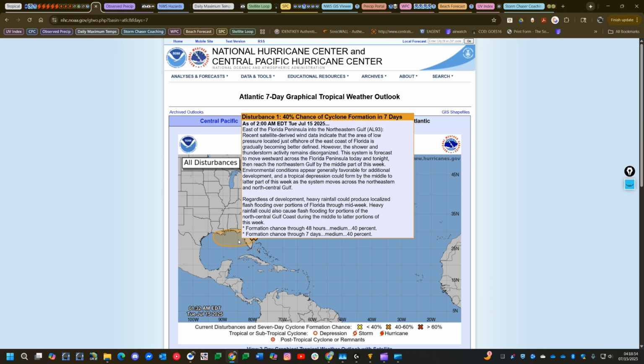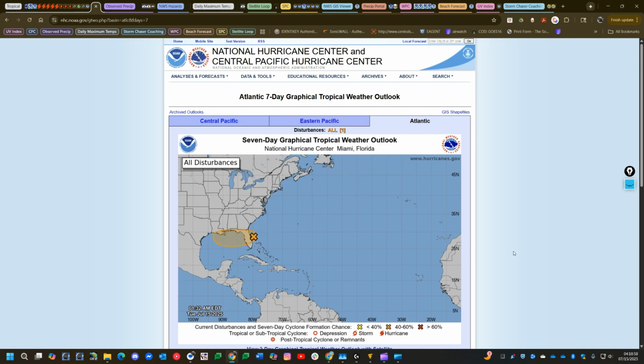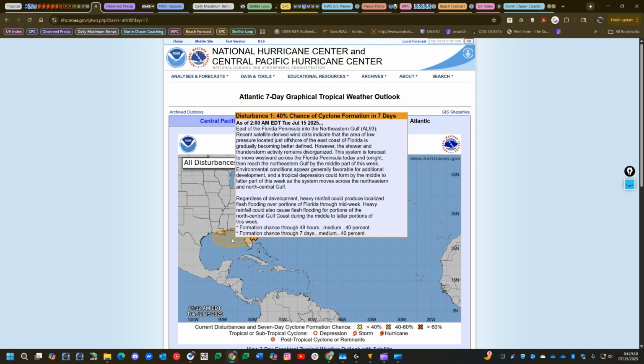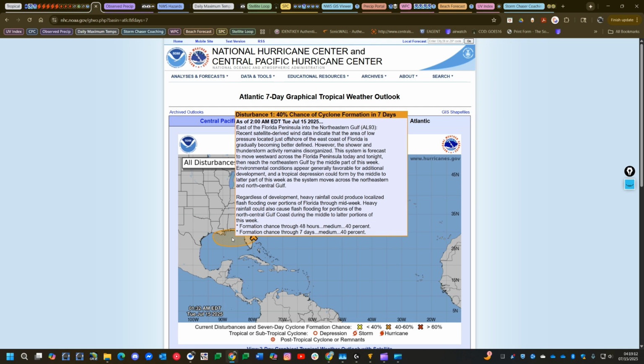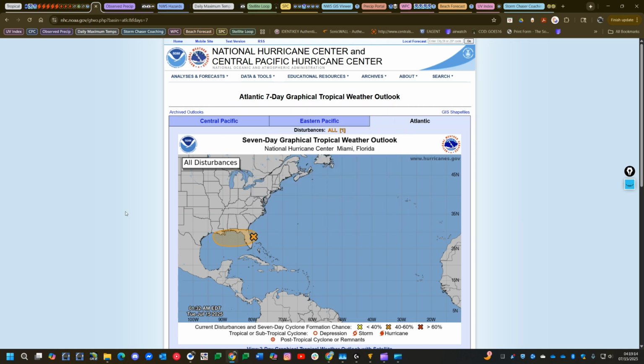When it goes over land, it's not going to do much. And given the model disagreement on the strength of the system, I would venture to say it could make it to tropical storm status. But as of right now, I don't see indications of it getting any stronger than that.